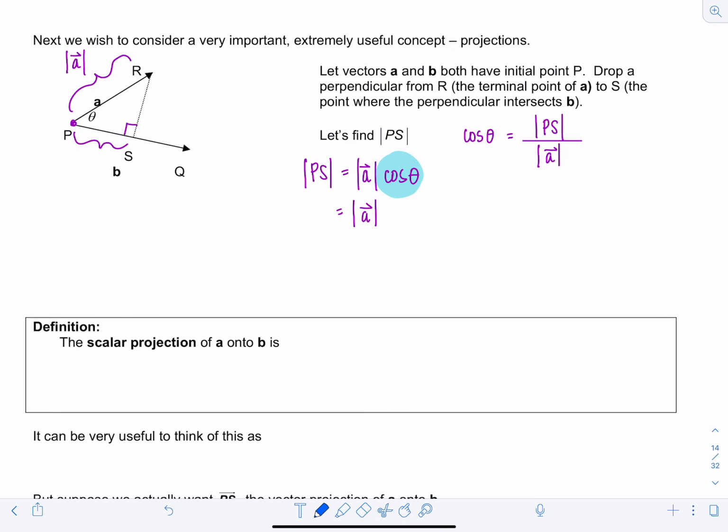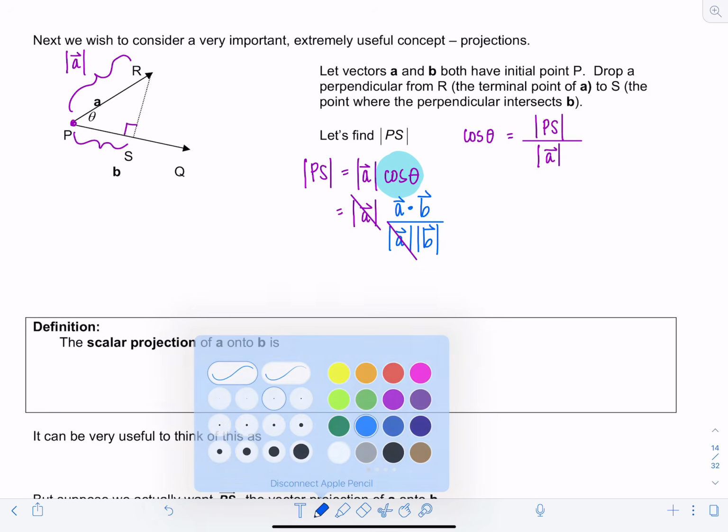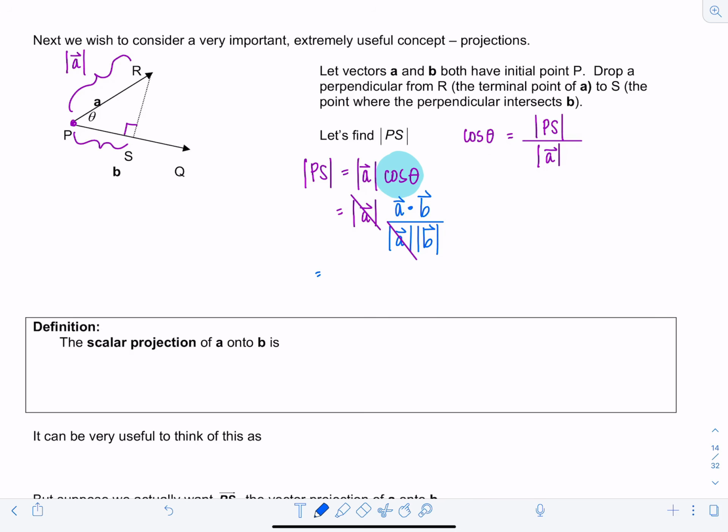So we're going to have A dot B divided by the magnitude of A times the magnitude of B. And notice now I can cancel out the magnitude of A, and so I'm just left with A dot B divided by the magnitude of B.